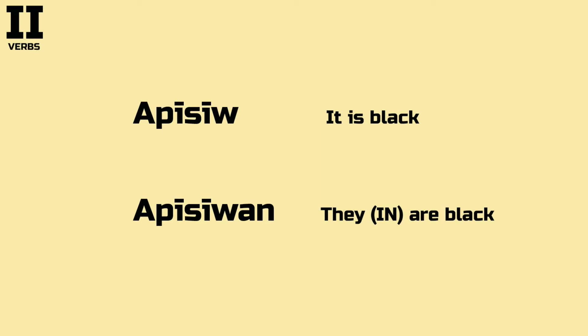And then when we want to talk about more than one black object, apisuwan. So that is to say, if the chairs are black or the tables are black or the cups are black, apisuwan.